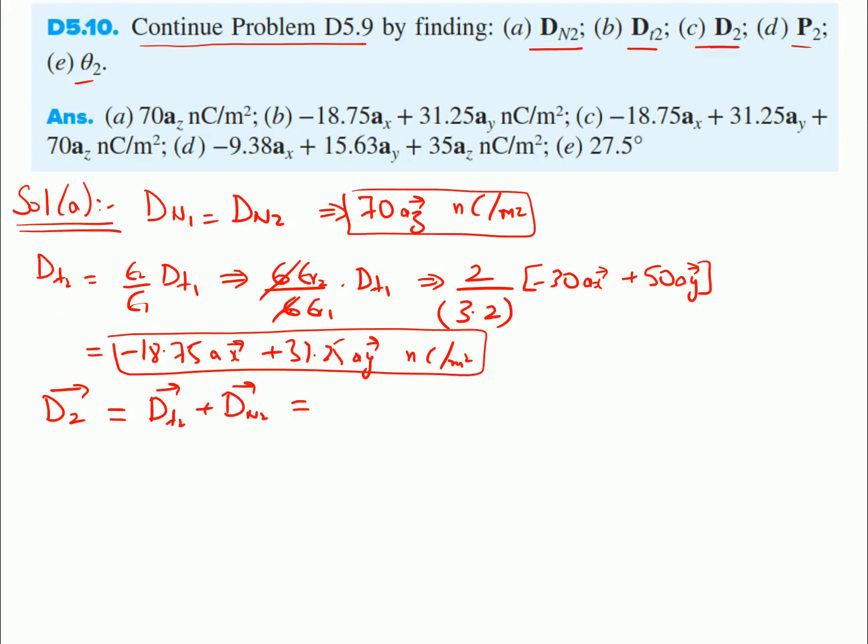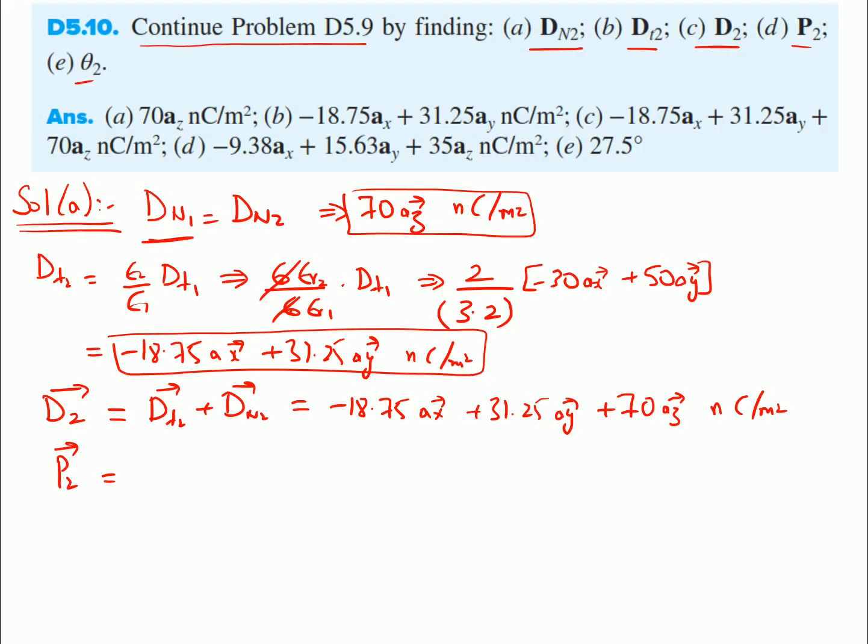You just add them: the tangential component we already have, minus 18.75 along A of x plus 31.25 along A of y, and then the normal component, as we saw in the first part, is 70 along A of z nanocoulomb per meter square.